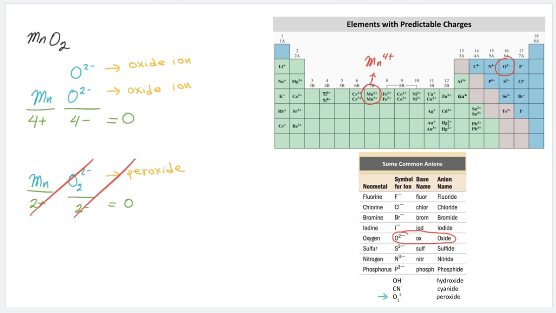Okay. Now, how do we write the name? So the name is manganese 4, right? Because we found out that it has to be 4 for those charges to cancel out, and oxide.